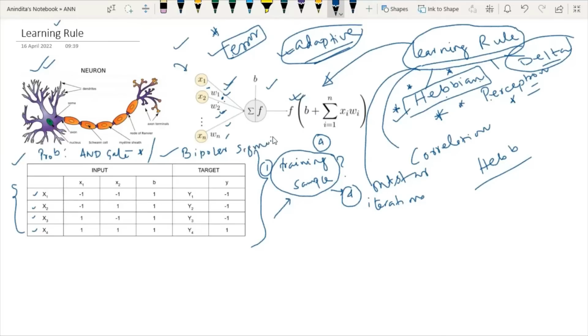It is given, that means if we are going to implement this problem by using some neural network, which activation function should we use? They have mentioned that we have to use the bipolar sigmoidal activation function. But now immediately you will ask me why it is mentioned.